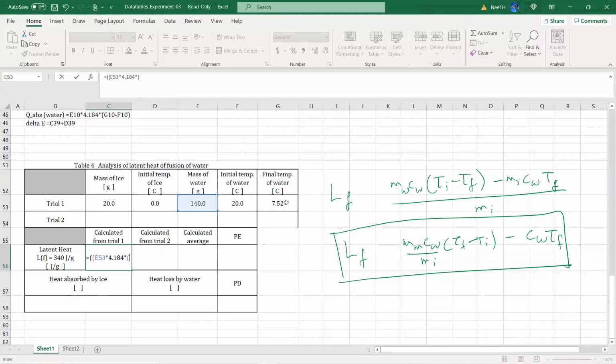But if I get rid of the negative sign, it should be T initial minus T final. Okay, so this should be T initial minus T final, because T initial is larger, 20 minus 7.52 close bracket, and then divide by the mass of the ice, which I use 20, and then close brackets.